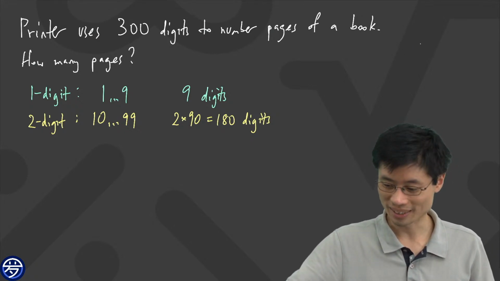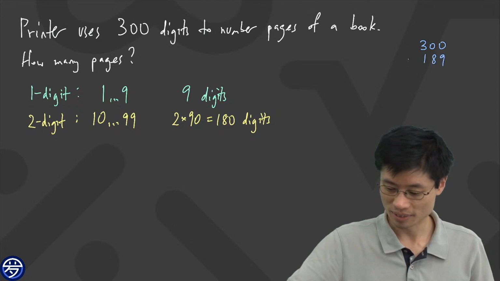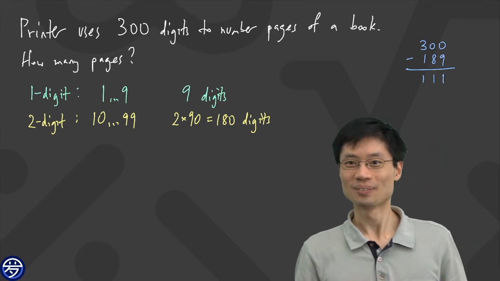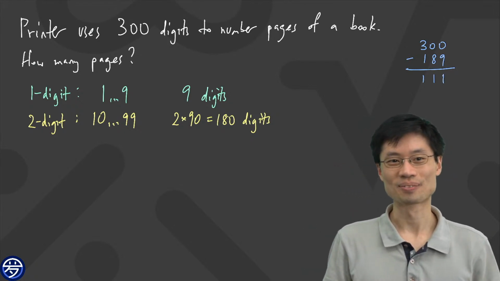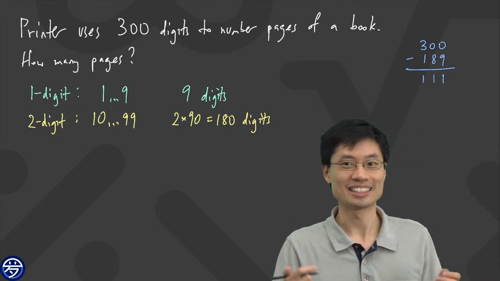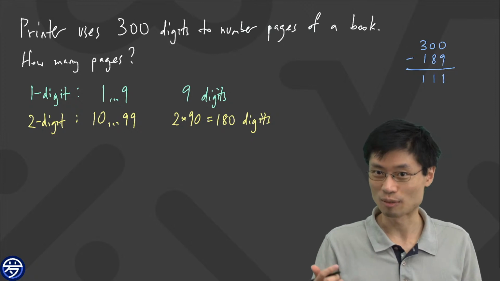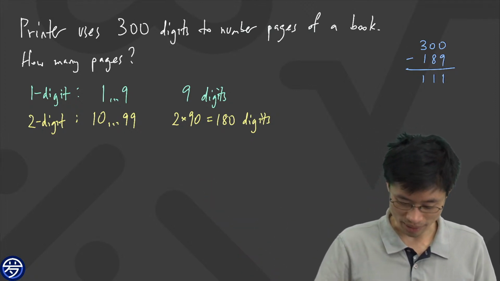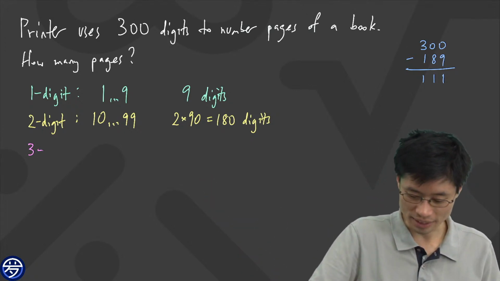Here's my scratch work, always in the upper right. 300 minus 189 is 111. Whoa, what a nice number, 111. So if I have just 111, then I have to divide by 3, right? So the answer should just be divide 111 by 3. That's how many 3-digit numbers I want.